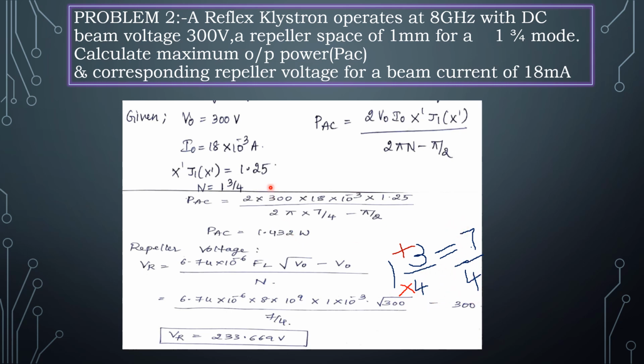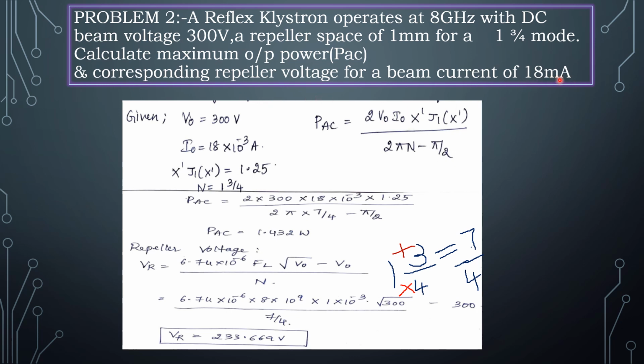Therefore, the mixed fraction value is 7 by 4. So we substitute the 7 by 4 value in the place of n minus pi by 2. When we solve these values by using the calculator, we get the power of an AC as 1.432 watts.